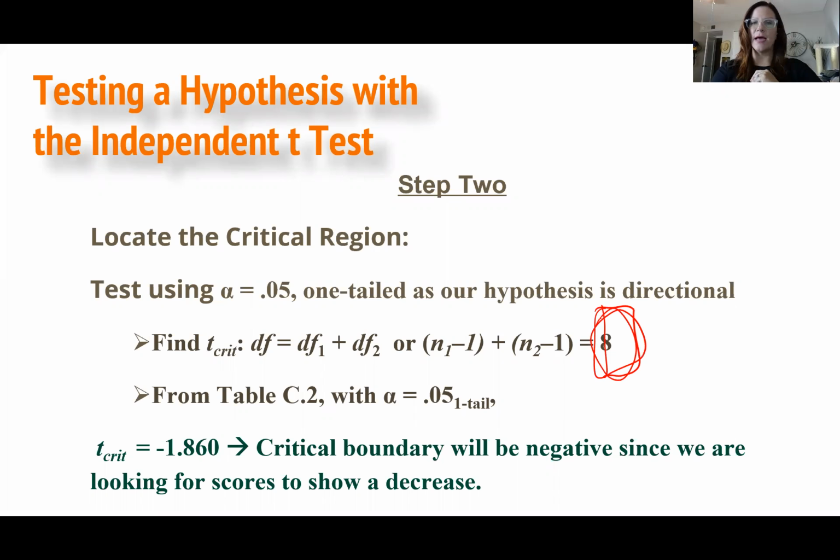And we'll look in that table at alpha 0.01, one-tail. We no longer have to split those, remember, like we did with the z-tests. You'll come up with 1.860. This is where you actually have to determine, if I'm looking for direction, is the mean expected to fall on the lower end or the upper end? Since we're saying the depression should decrease, that critical value should be negative. So be very careful about that.